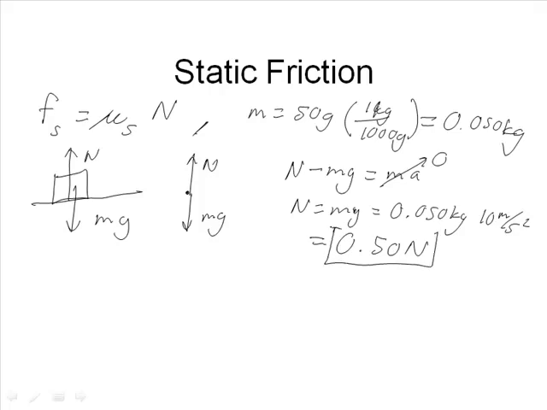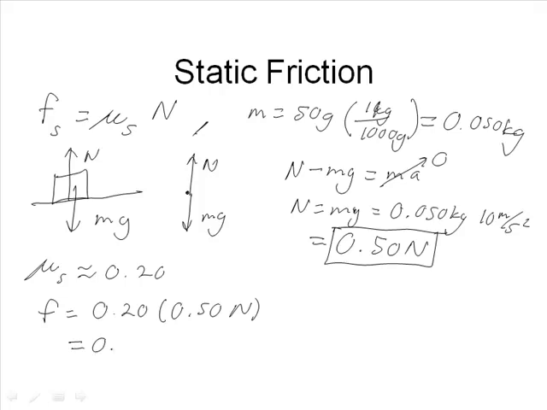If we then assume that the coefficient of static friction is approximately 0.20, then the frictional force will be 0.20 times 0.50 newtons, and that gives me 0.10 newtons. So I should have a frictional force of 0.10 newtons.